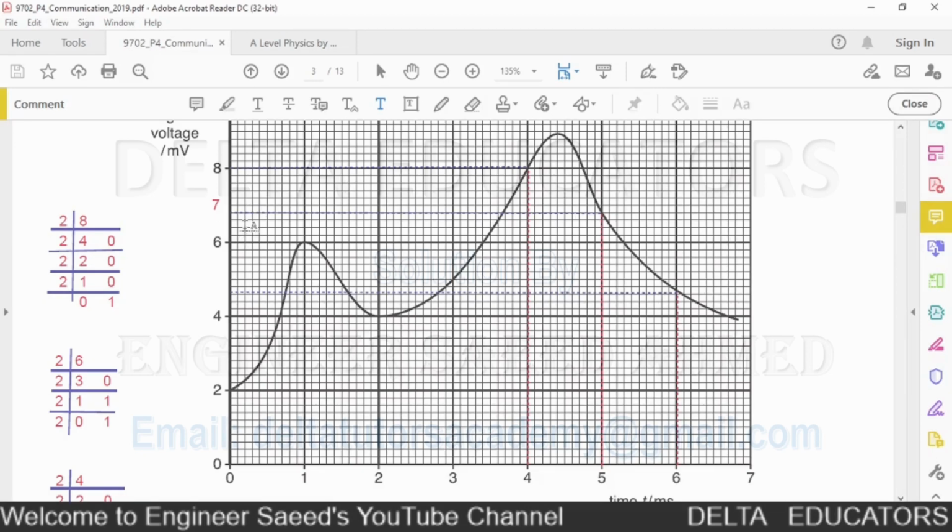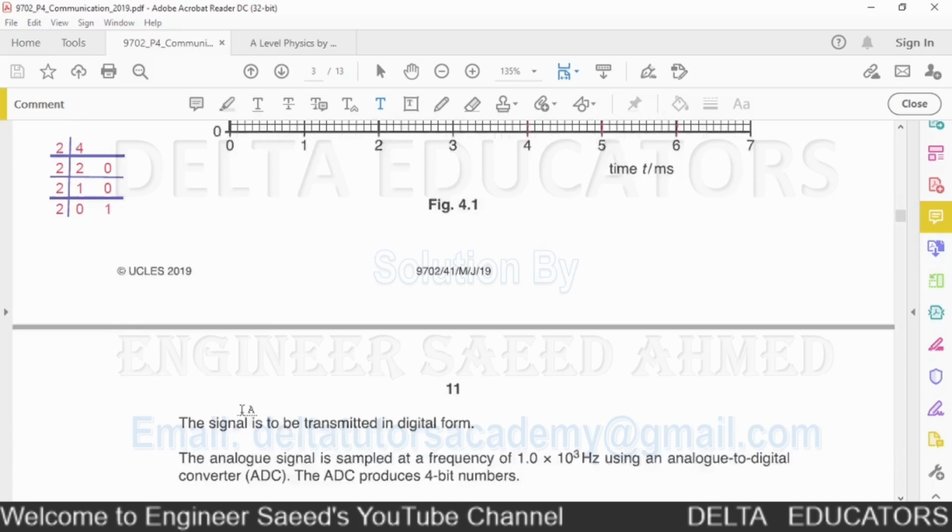So in 6.8, we ignore 0.8 and convert 6 to a digital number. We divide 6 by 2 as we divided 8 by 2, solve in the same manner, and we get 0110. So the digital number at t equal to 5 millisecond is 0110.